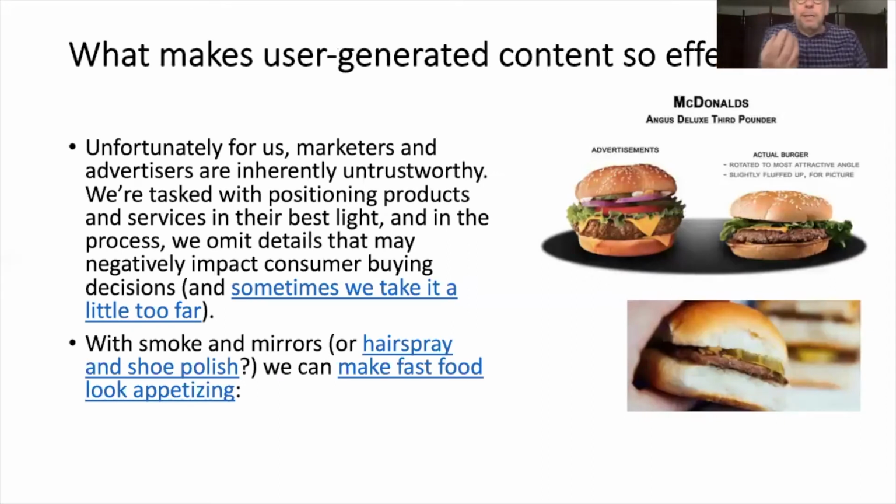Why is that? There is an issue of trust. We used to see very filtered, manipulated images in advertisements. We see this beautiful burger, which affects, or attempts to affect, the perceived value of the burger.